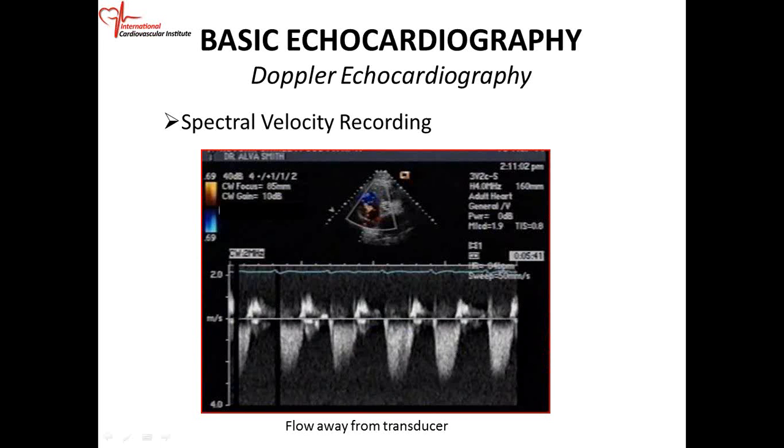And it's a systolic flow. Tricuspid regurgitation is a systolic flow because it occurs in systole when the tricuspid valve is supposed to be closed. But because the valve is incompetent, blood is flowing across the valve in systole when it's supposed to be closed. And if you look at your ECG on top here, systole is from the QRS to the T wave. So you get these systolic envelopes.